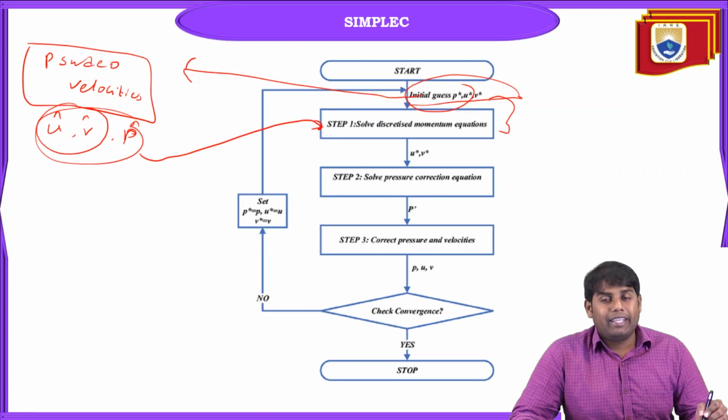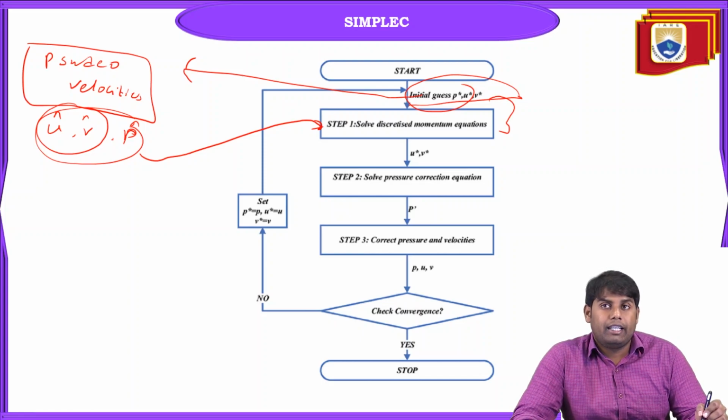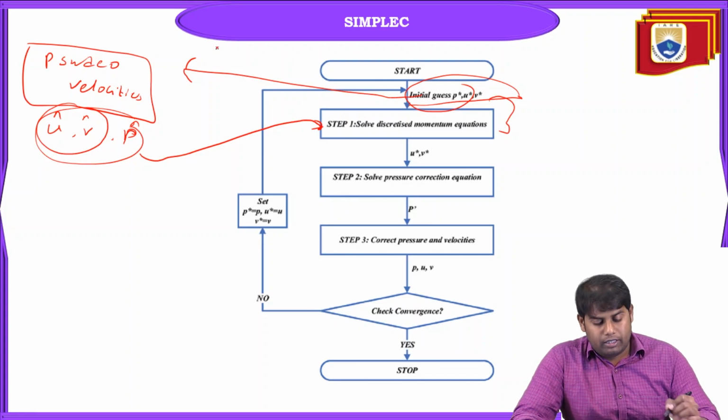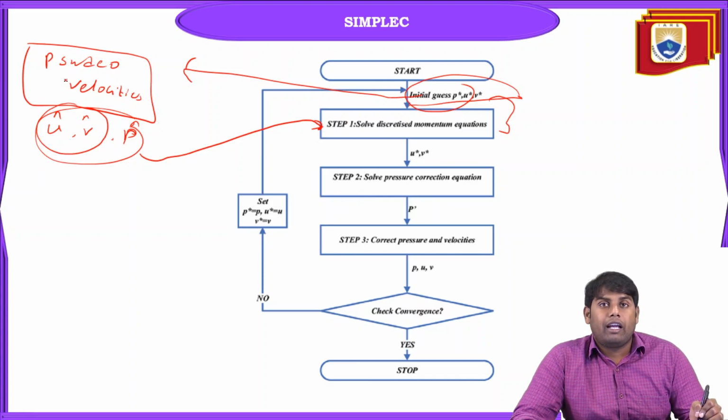By this, we are trying to improve the accuracy of the guess values. The procedure is the same, but the extra step is calculating the pseudo variables for pressure and velocities.